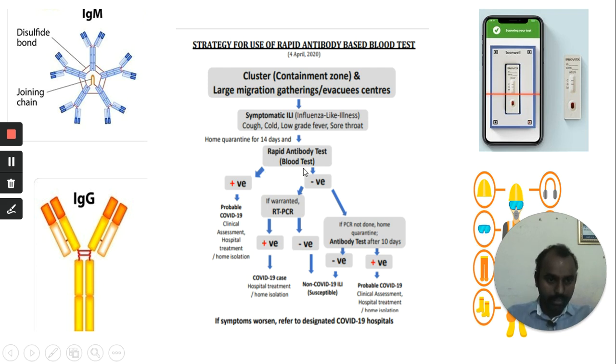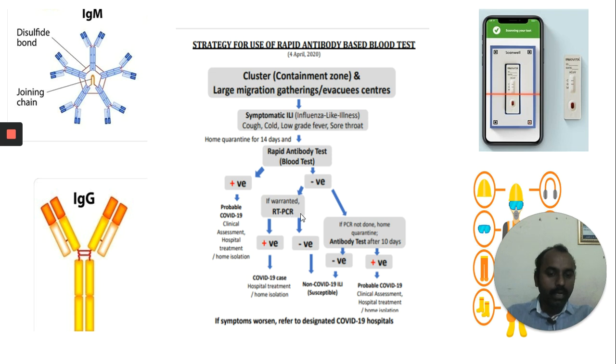If the rapid antibody based test shows positive, he will be treated as a positive individual, and he will be sent to hospital for clinical assessment and treatment. Suppose he shows negative, that means there are no antibodies in his body, that means he is not infected. Further, even if his rapid antibody test is negative, if he has influenza like illness, his sample will be sent for polymerase chain reaction.